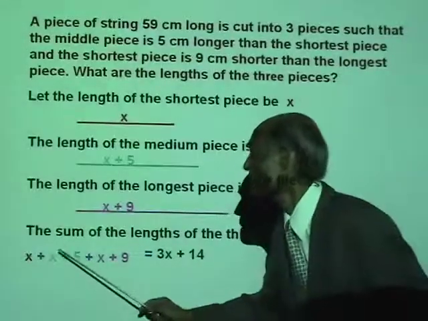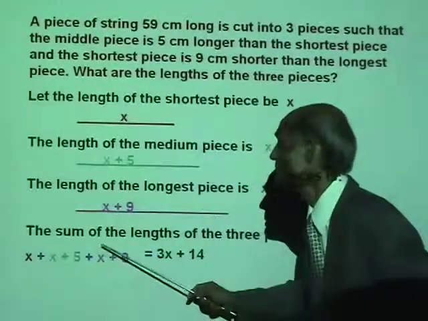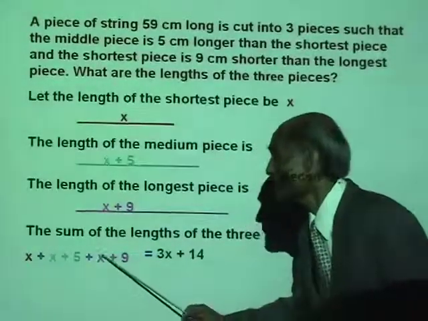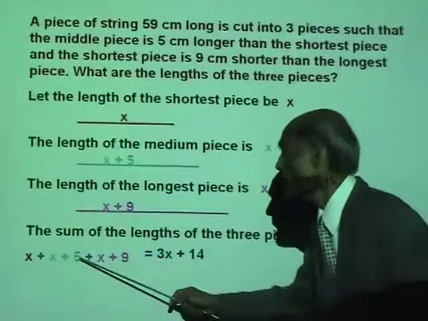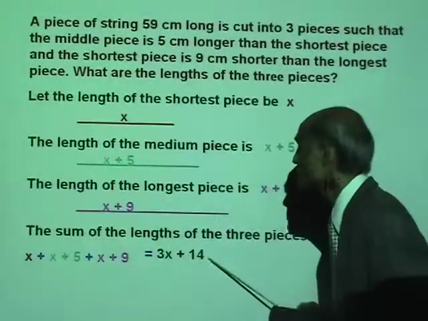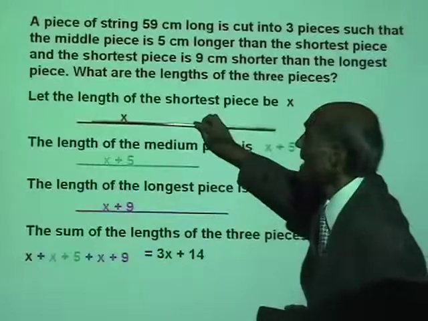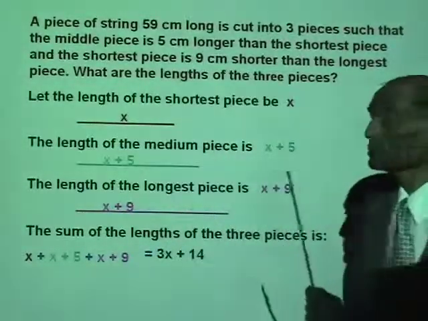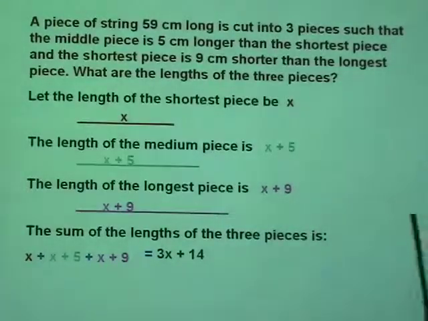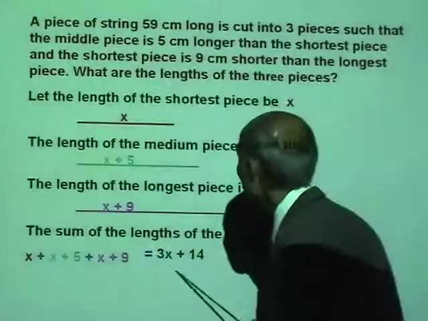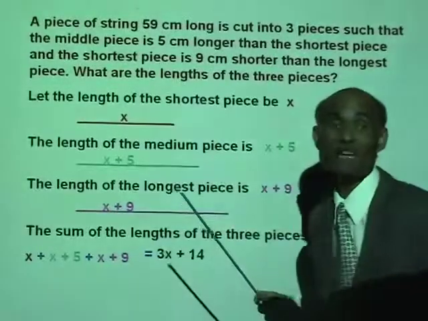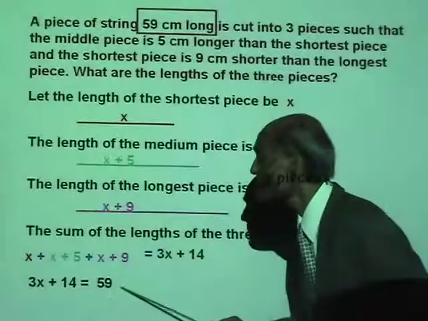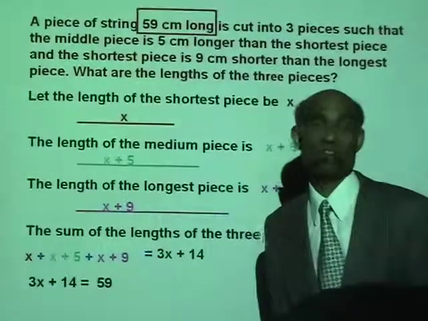So what is that sum? x plus x plus x is 3x, and 5 plus 9 is 14. The length of the 3 pieces added together gives you 3x plus 14. And that 3x plus 14 must be equal to 59. There you are. 3x plus 14 equal to 59.